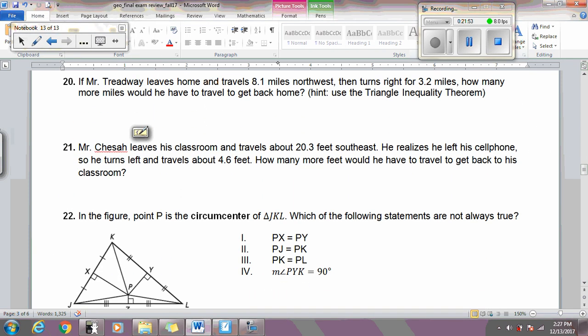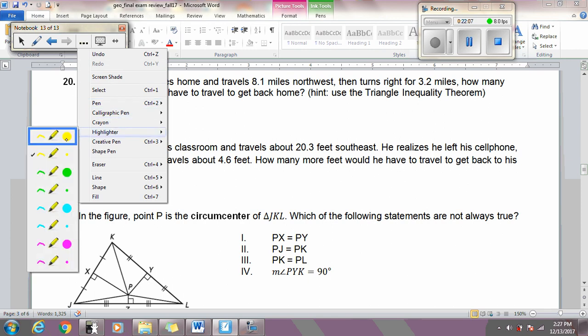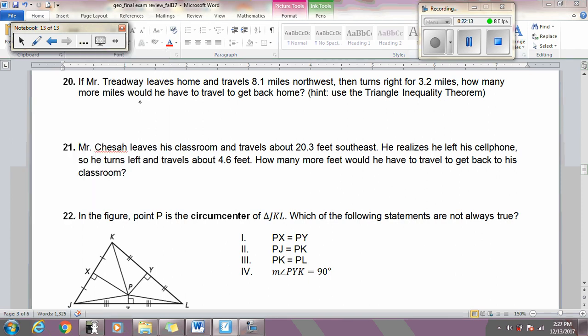Number 20. If Mr. Treadway leaves home and travels 8.1 miles northwest, then turns right for 3.2 miles, how many more miles would he have to travel to get back home? Hint, use the triangle inequality theorem. In other words, find the range.